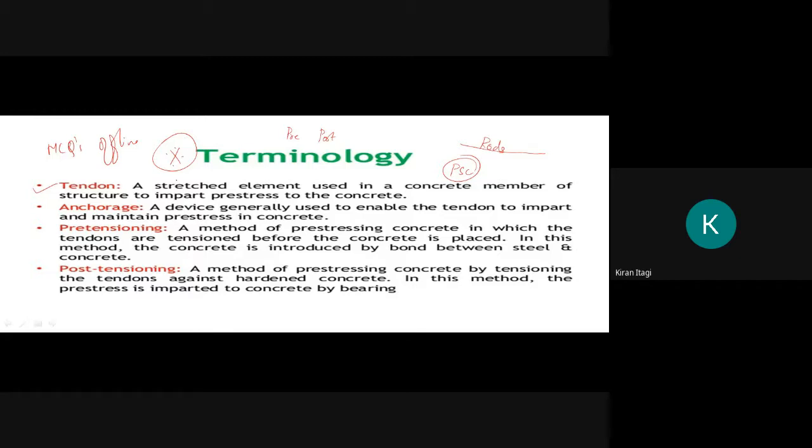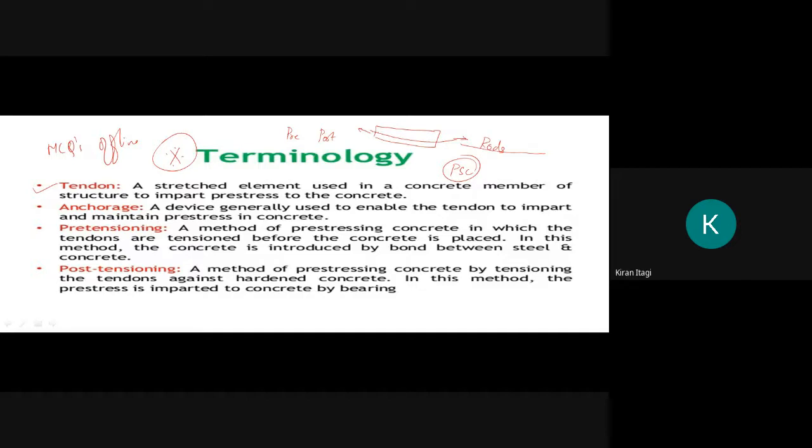Then what do you mean by anchorage? See, now this is my concrete member. I have passed one tendon or wire, cable, whatever. I will stretch it, meaning I provide tension to the steel. Correct?